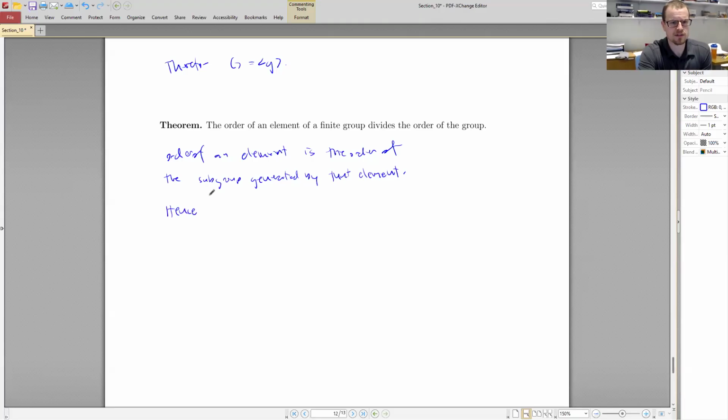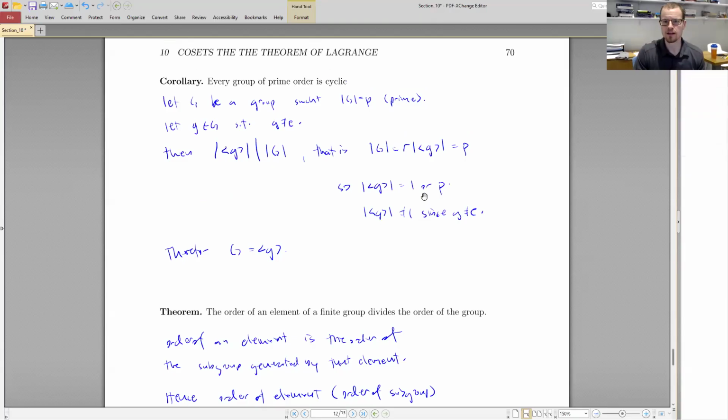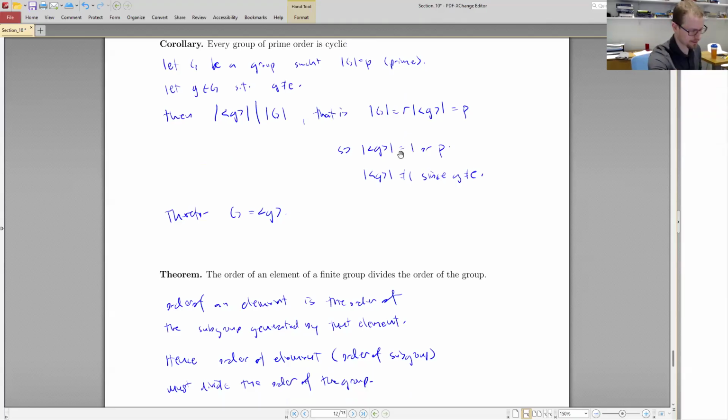Hence, the order of the element, which is the order of the subgroup, must divide the order of the group. Because that's Lagrange's theorem. Okay, here, this is the application of Lagrange's theorem. And that's why these really both should be corollaries of Lagrange's theorem, because they're both immediate results.